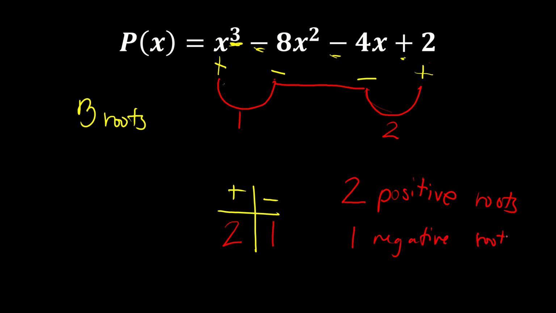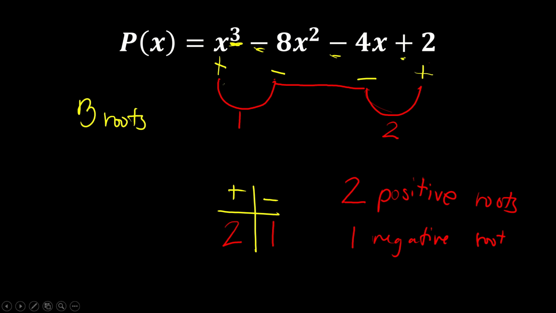So meron daw dalawang positive na value ng x na kapag sinubstitute natin sa function na to, ang magiging answer ay 0 at may isang negative root or may isang value ng x na negative na kapag sinubstitute dito sa function na to, the answer will be 0.